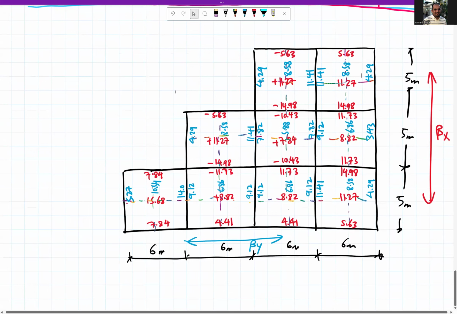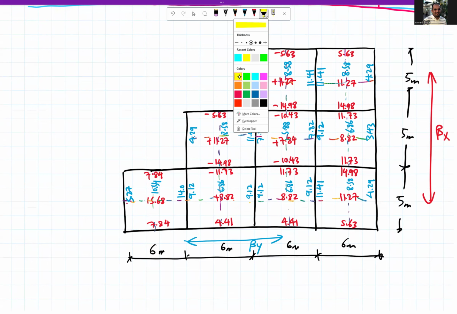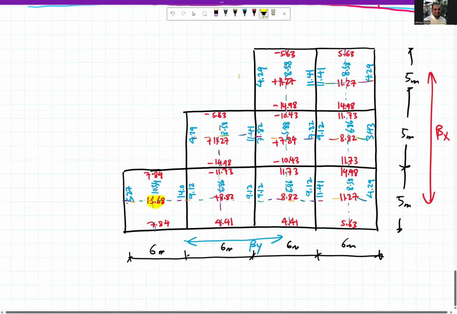And if we want to point out the maximum value, the maximum value is this one, positive moment, and this one is negative moment for this direction. Sorry, the edge direction of the discontinuous edge, and we have this value if we excluded this value.